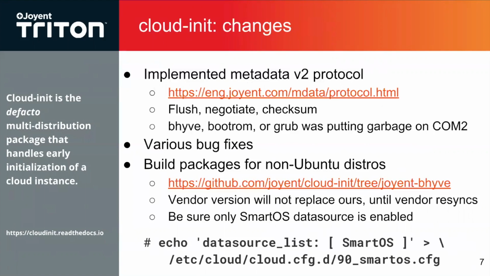Essentially that adds flush negotiation. When the metadata serial port is opened, it first reads all the data that it can, and I think it sends a new line and expects to get an error message, and then it negotiates the version, and then all messages are checksummed. V1 might have been checksummed as well, I forget.